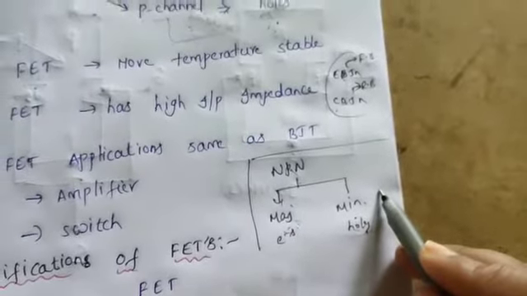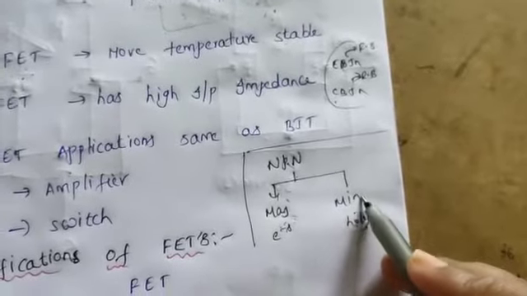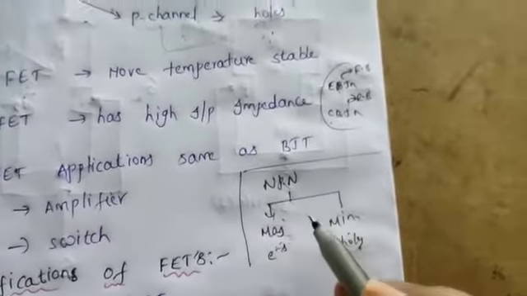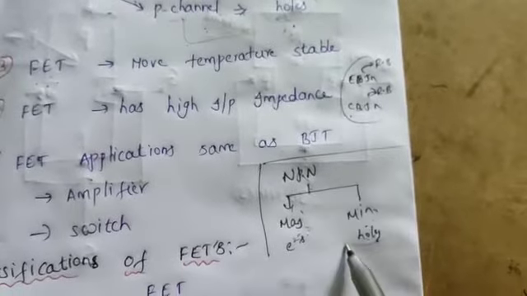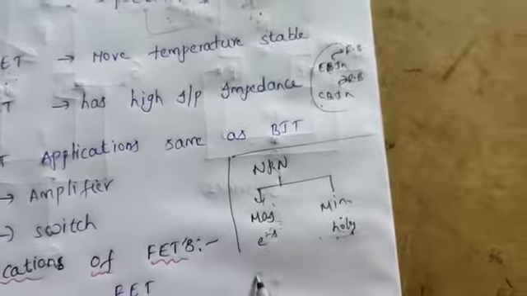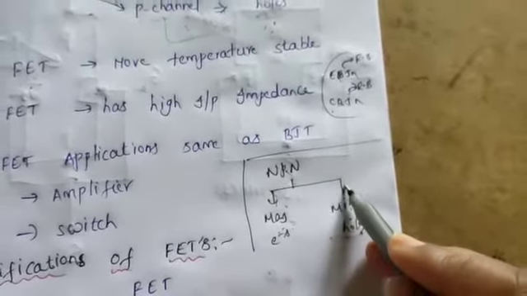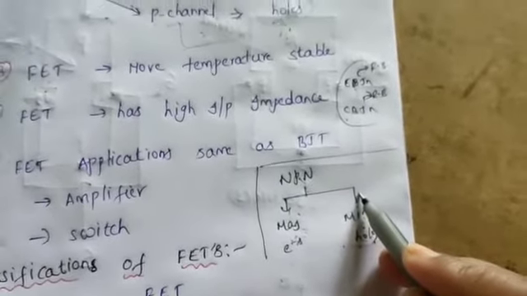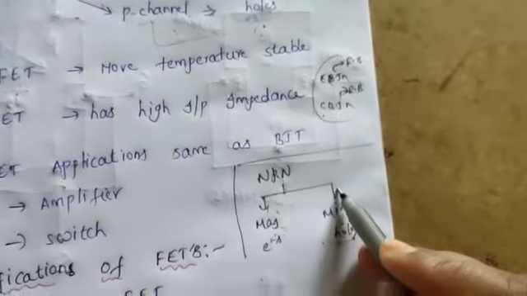If temperature increases, the current due to minority charge carriers also increases, so the output current also increases. So for a transistor the output current is due to both majority and minority charge carriers, and the output current will not be stable if temperature increases.